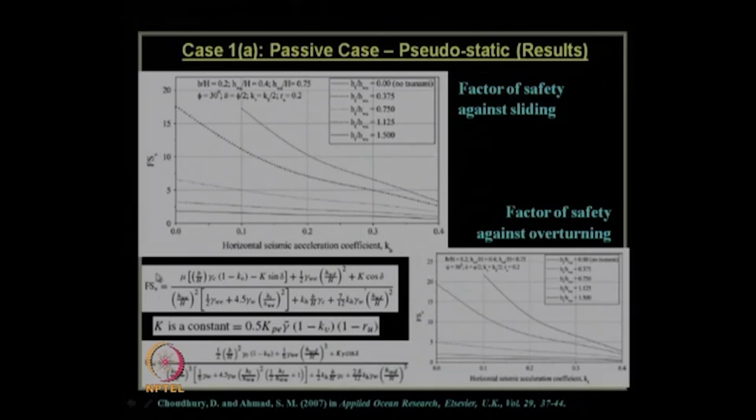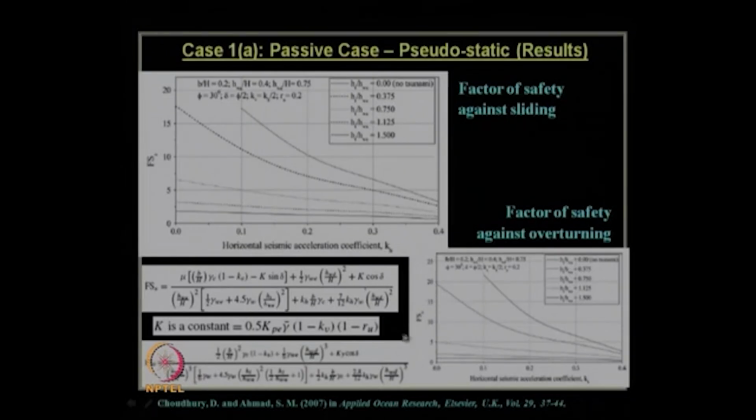And this equation gives us the closed form solution for factor of safety against sliding, using which one can easily design the cross section of a retaining wall to withstand a certain value of seismicity coefficient as well as the tsunami wave height.